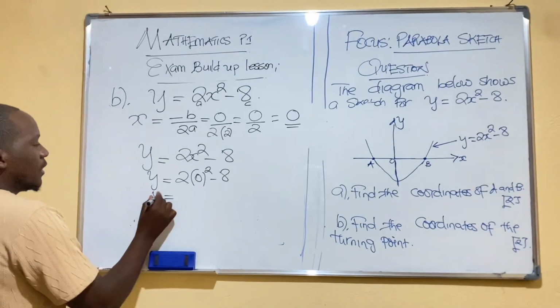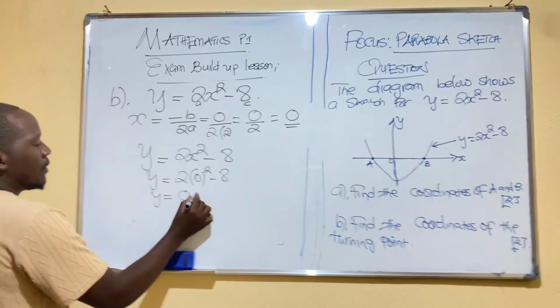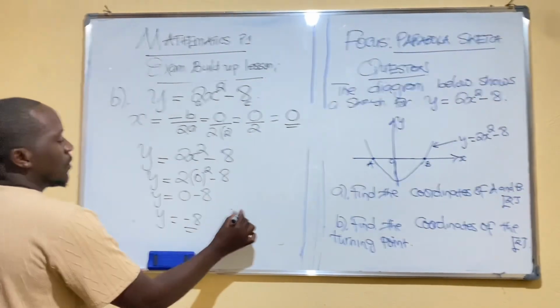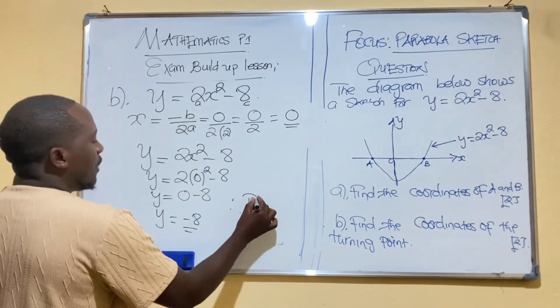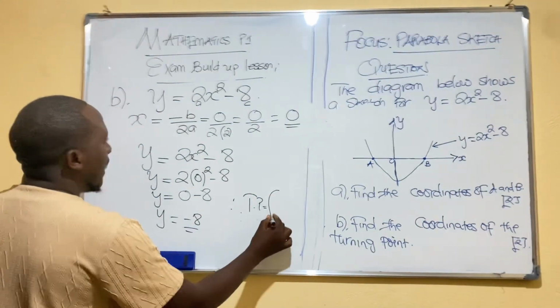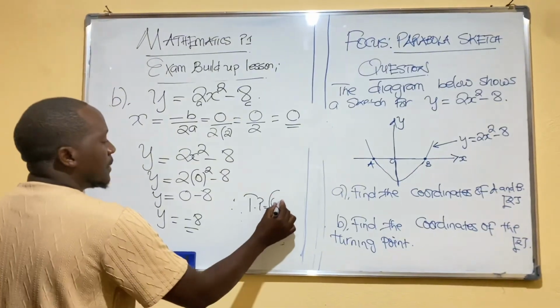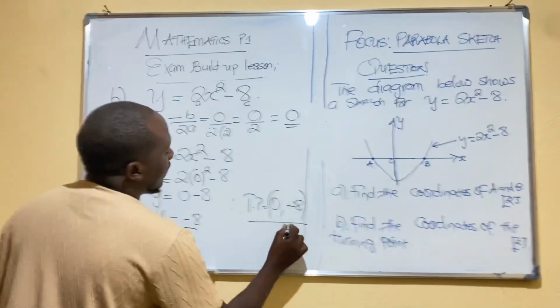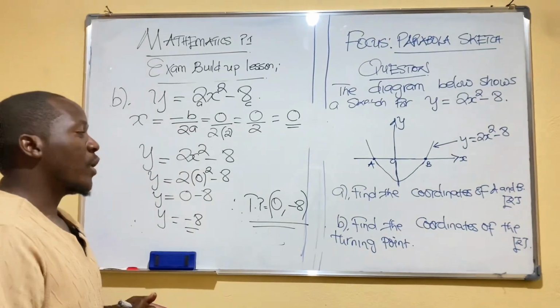So 2 times 0, it's just 0 minus 8. So y equals negative 8. So we're going to say the turning point is given by the value of x is 0, comma, the value of y is negative 8. Having done that, it simply means we are done.